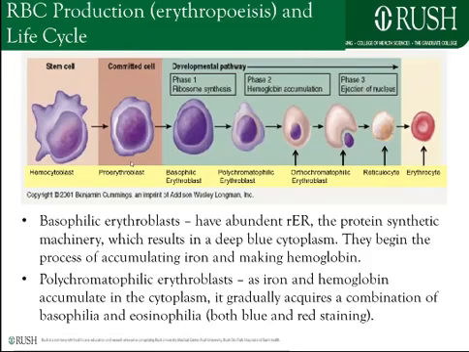So as it makes more and more hemoglobin, guess what happens? You get a change in color. All right, and that change in color is due to the presence of all that hemoglobin beginning to build up in the cytoplasm. Proteins tend to look kind of pinkish in a typical stain. All right, we call that eosinophilia, right? So you get a little bit of a change as these things develop and make more and more hemoglobin.